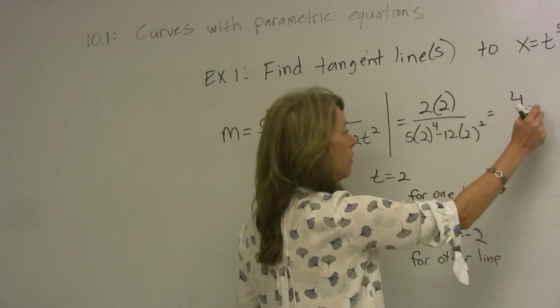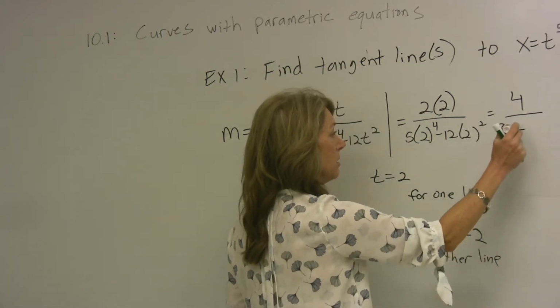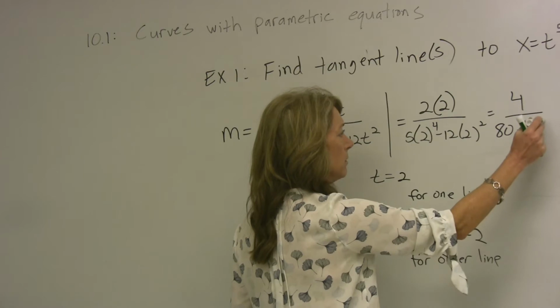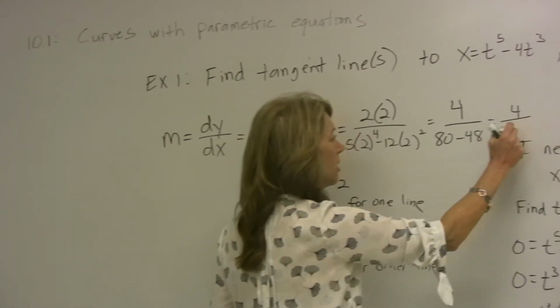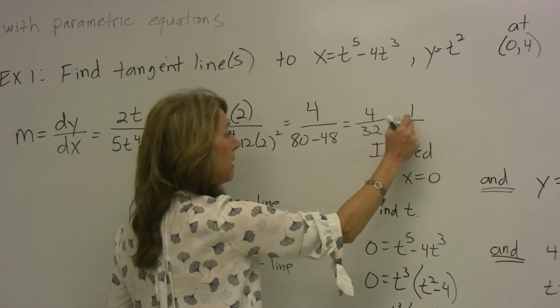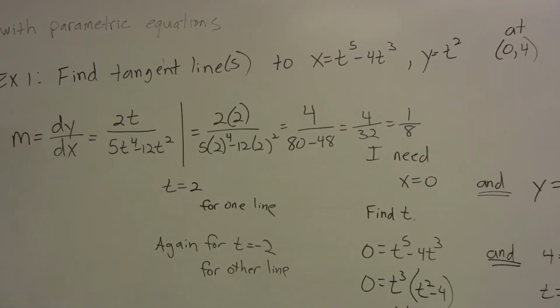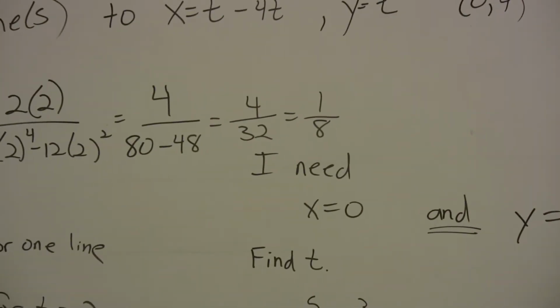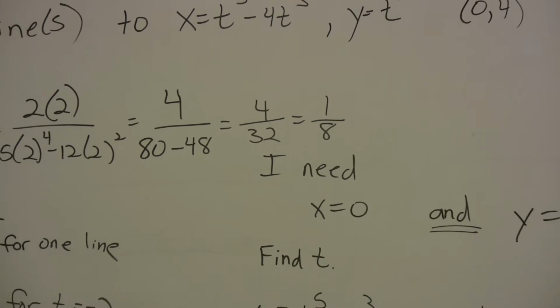That's 4 over 80 minus, what's that, 48? 4 over 32? 1/8. So what is that 1/8? The slope of the tangent line when t equals 2.